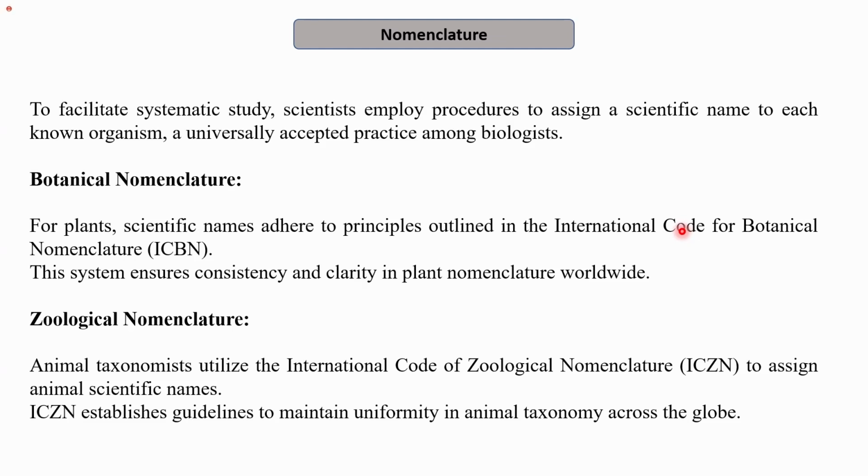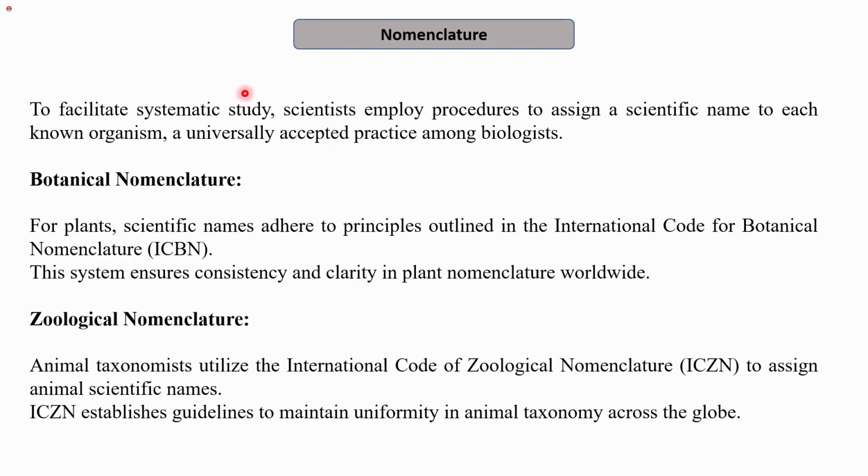We required a universal nomenclature system so that a particular organism which has been identified with all its properties should be called by the same name throughout the world, irrespective of the languages, to avoid any confusion. Also, this will help so that no two organisms get a similar name by any chance. Different organisms should have completely different names so that there will be no confusion in the scientific communities regarding the identification of any organism.